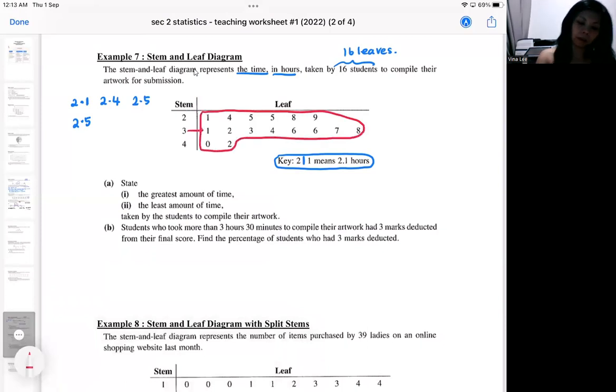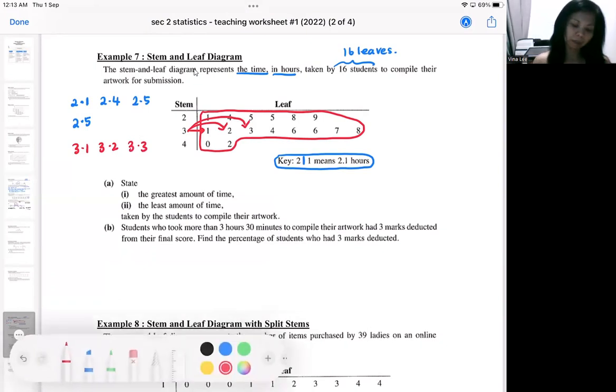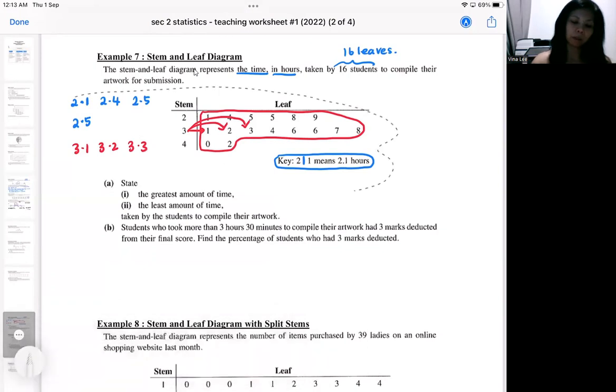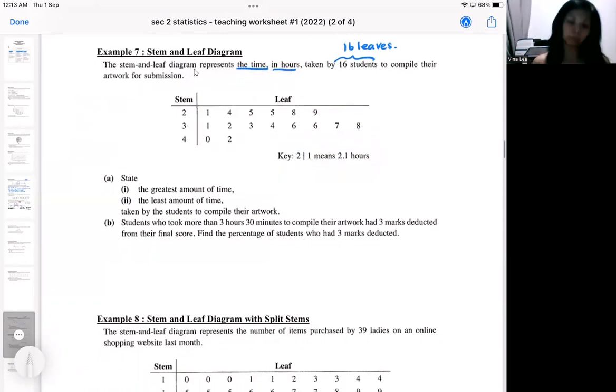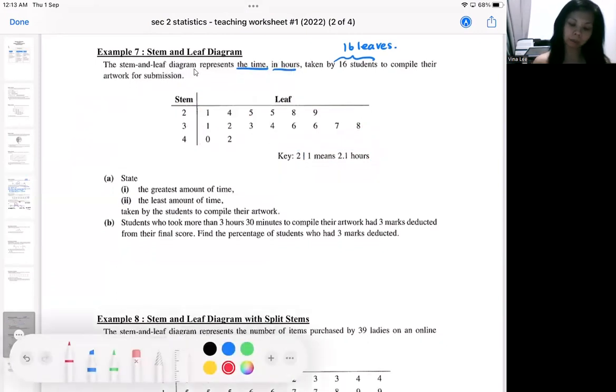Then here is like 3.1 hours, 3.2 hours, and 3.3 hours. So that's how we interpret a stem and leaf. In a way, we keep repeating the stem. And a stem and leaf is usually organized from the smallest to the biggest.